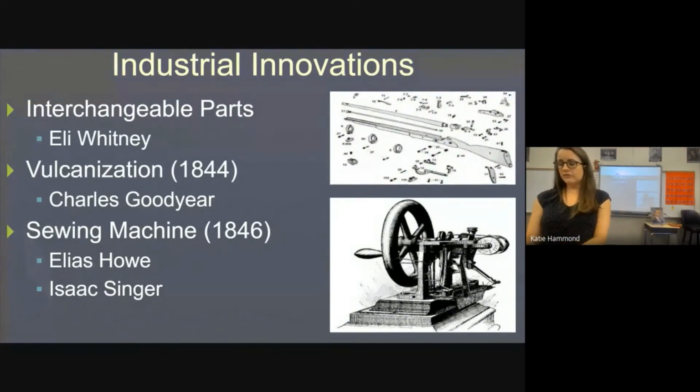Howe developed the first sewing machine, and then Singer will improve it. You've heard of the Singer sewing machines. A lot of people have them as furniture now. They'll add a table. Singer is the one that made it mass-produced. So Howe created the first one, but Isaac Singer is going to mass-produce it to where it's significantly cheaper.